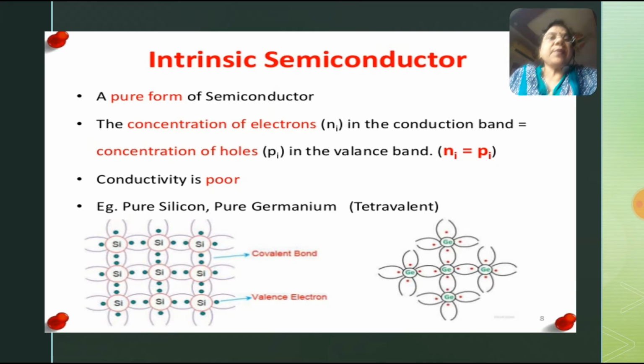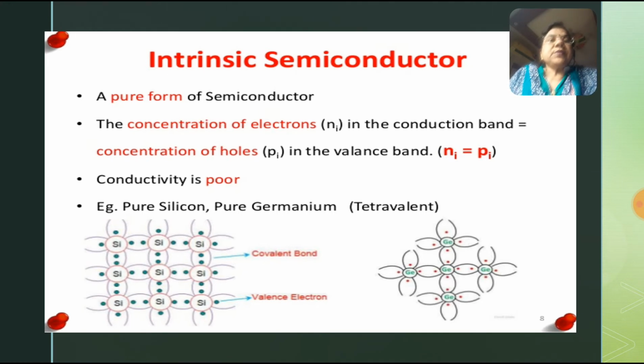For example, pure silicon or pure germanium are tetravalent, with 4 free electrons in the last orbit. So you just see the covalent bonds and valence electrons shown on the screen for silicon atoms and for germanium atoms.